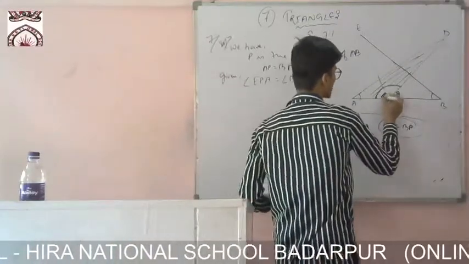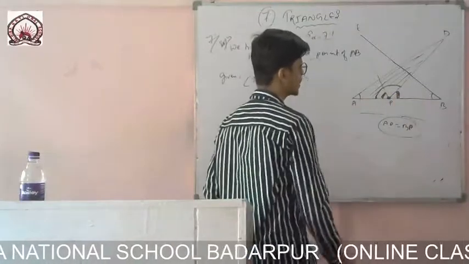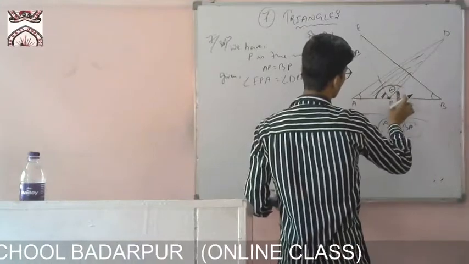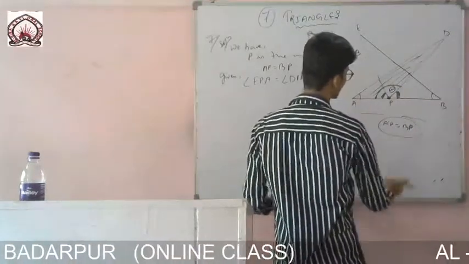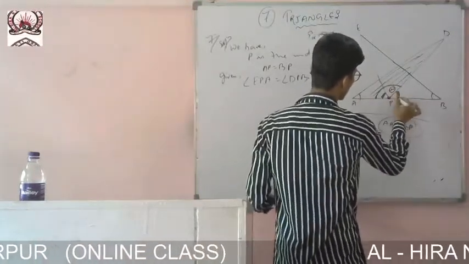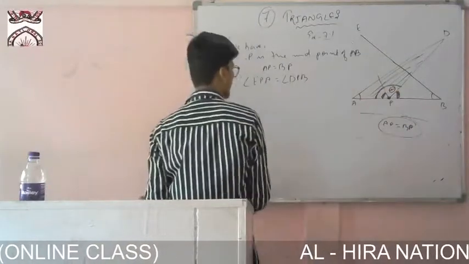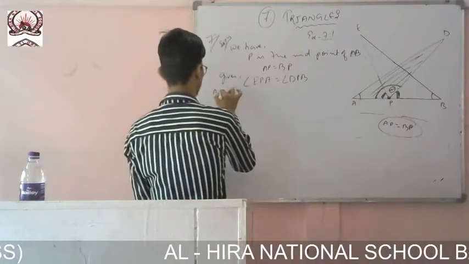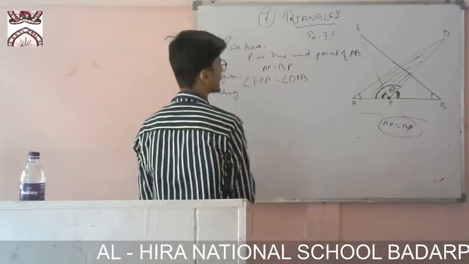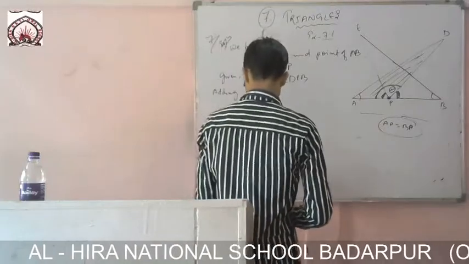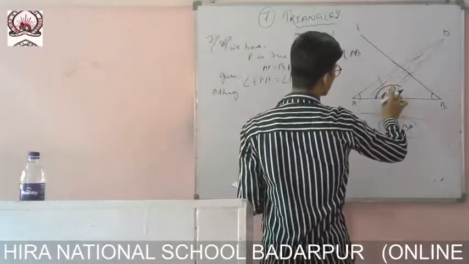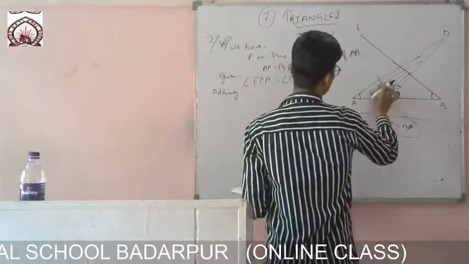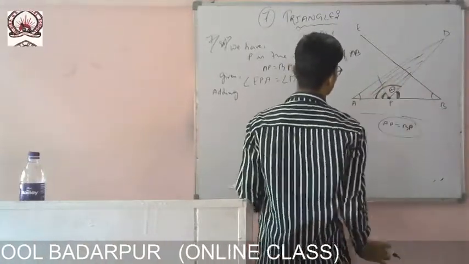Here only this part and that part are equal. So if I can add this common angle to both the triangles, then this whole angle will be equal to that whole angle. Okay. So adding like earlier, adding which one? Adding EPD. I am adding this one to this angle. To this angle, I am adding this one. So what is it?